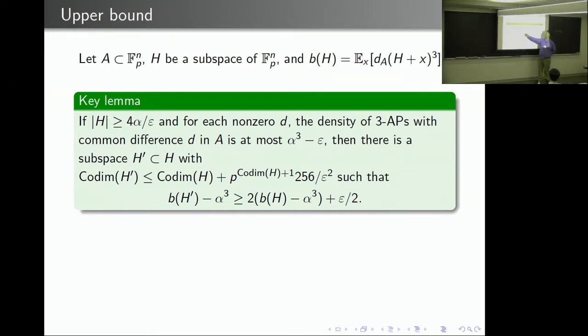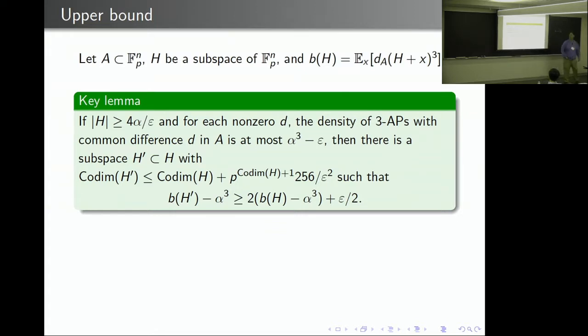It's at most essentially exponential in the codimension of H, such that the mean cube density of H' minus alpha cubed essentially doubles. So from the previous value, you get twice as large a value of b of H minus alpha cubed.